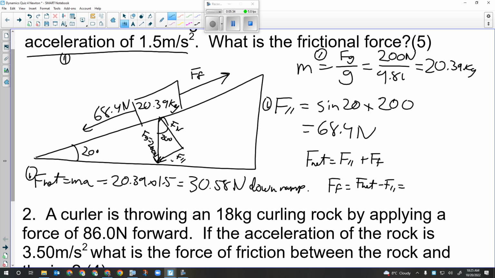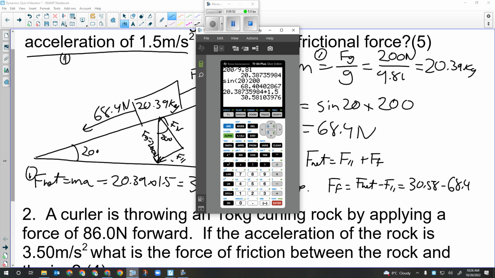That will be 30.58 newtons minus 68.4 newtons. They're both the same direction, down the ramp. That will give me my force of friction, which will be my fifth and final mark.